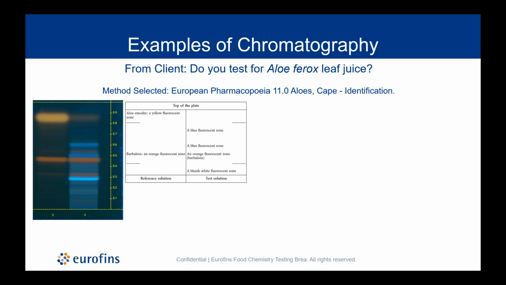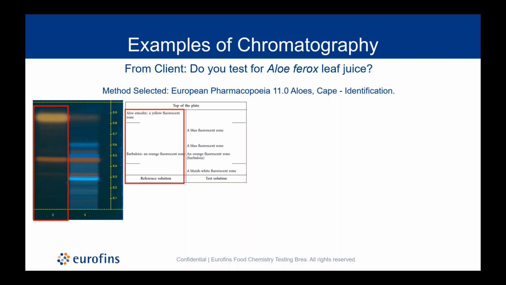And essentially that displays the banding pattern that should be observed in your reference solution on the left of that box and the test solution on the right of that box. So when we look at our reference solution here, the upper zone of the chromatogram displays a yellow fluorescent zone for aloe emodin.